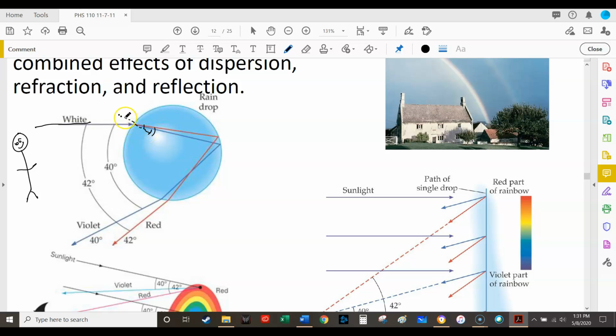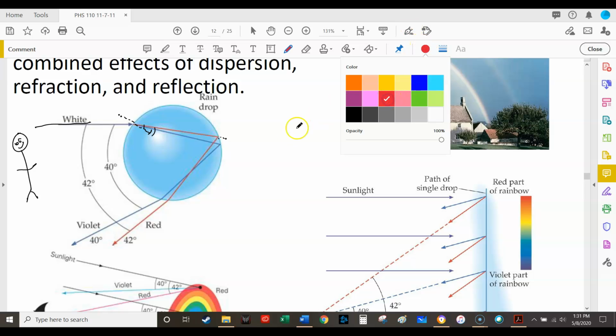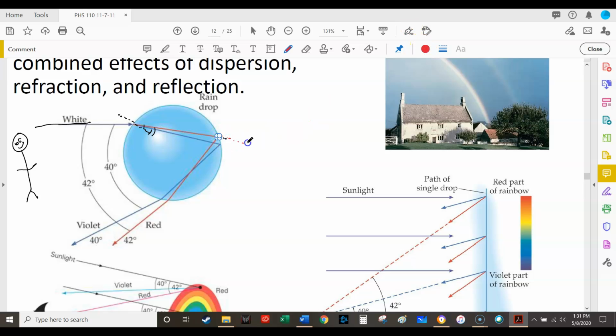It's going to be refracting and dispersing the wavelengths into their separated wavelengths. And the cool thing is that total internal reflection happens, and a little bit of that red is going to escape, right? A little bit of that red is going to be escaping, not much, and a little bit of blue is going to be escaping as well.